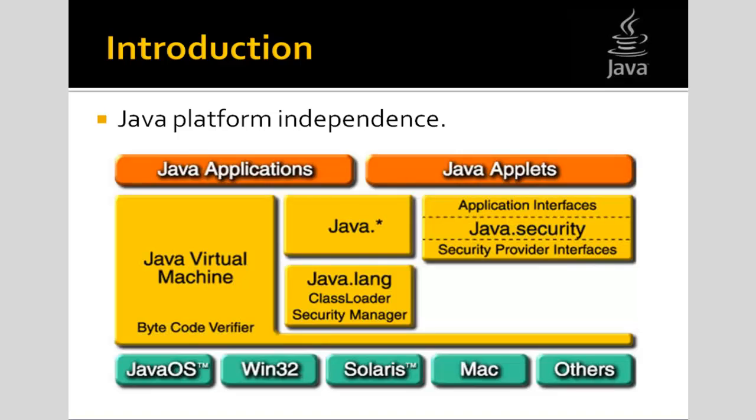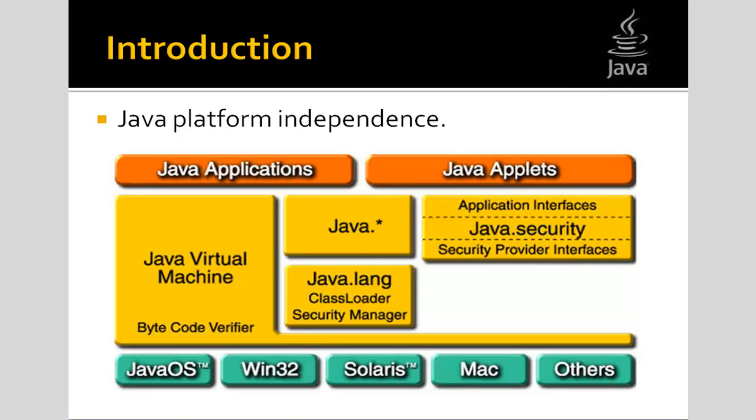Obviously, what changes is the output of the Java virtual machine, which is targeted for whatever operating system and hardware that virtual machine is running on. But that's not our responsibility. Our responsibility is to develop the Java applications that run within the virtual machine.